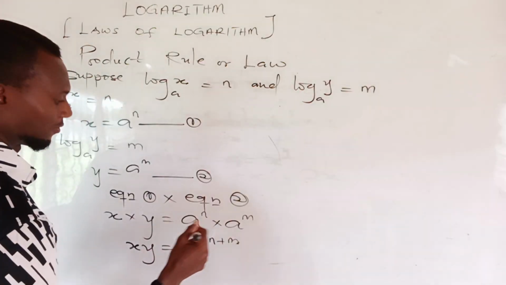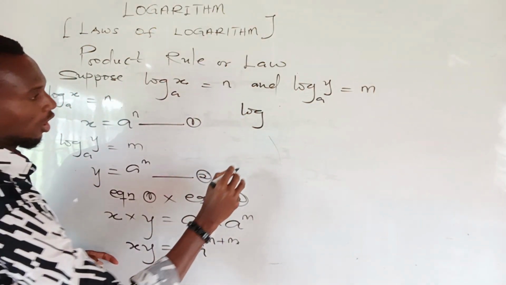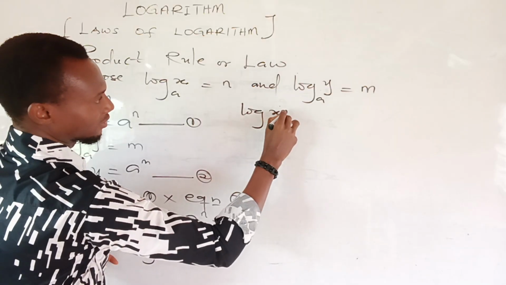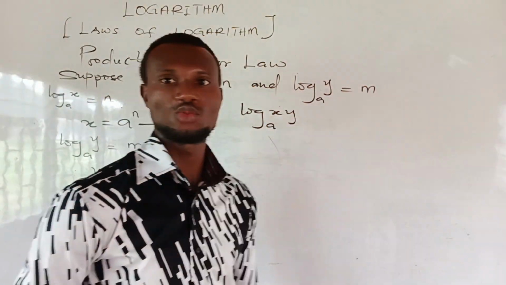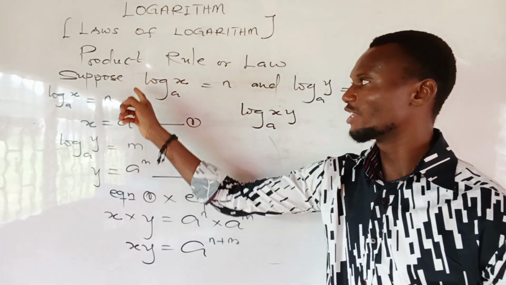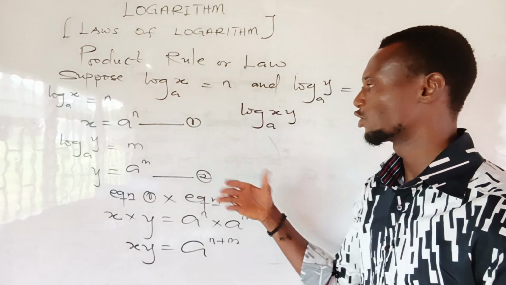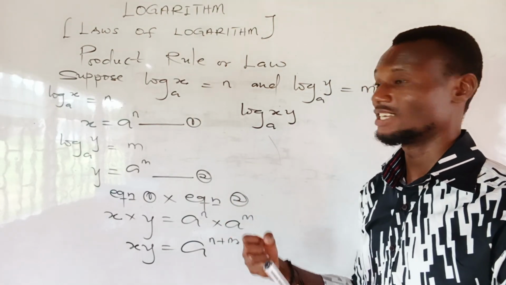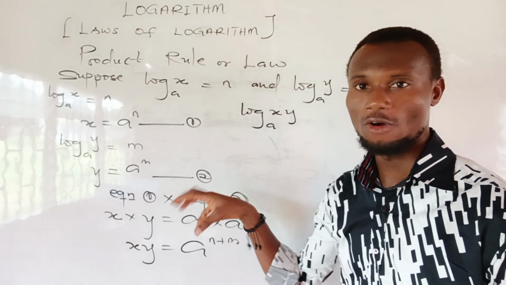So now I'm going to have the log of sy to the base a. Now if someone is wondering why to the base a, it's because from the premise we said suppose log s to the base a. So if you have introduced log into it, it has to be to the base a.